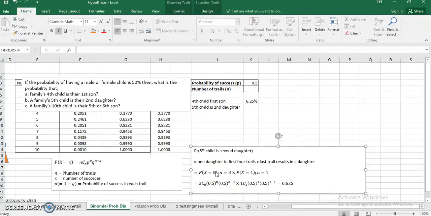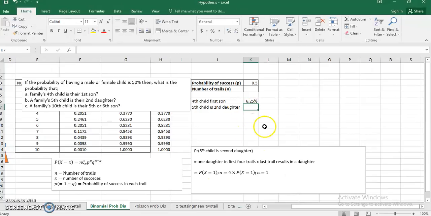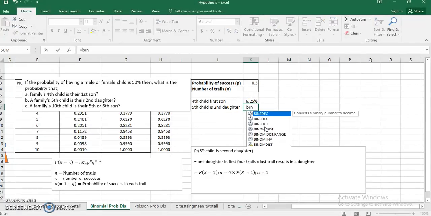So probability that x is equal to 1 in the first 4 trials, and probability that x is equal to 1 in the last trial. Now I will not write this whole stuff once again. Rather, I'll just straight away use the binomial distribution function. So BINOM.DIST.